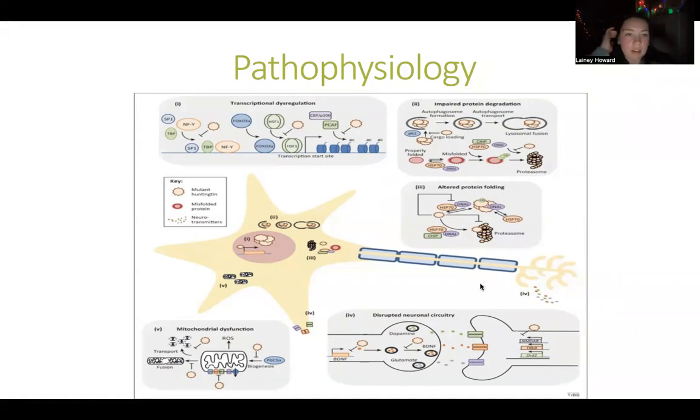As we can see, each stage: the transcriptional dysregulation of the CAG, the impaired protein degradation, and the altered protein folding of the huntingtin protein. You can see the disrupted neuronal circuitry, and you can see the mitochondrial dysfunction, which is where the neuron dies.